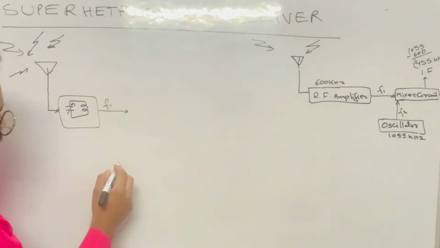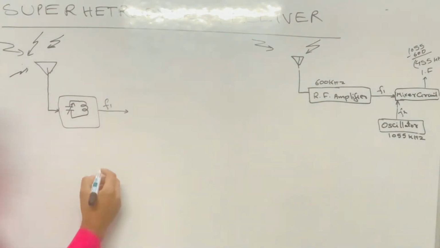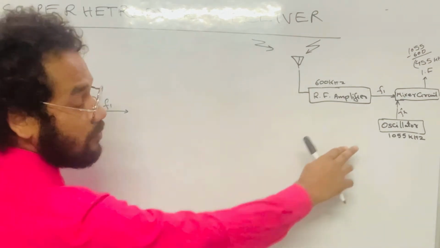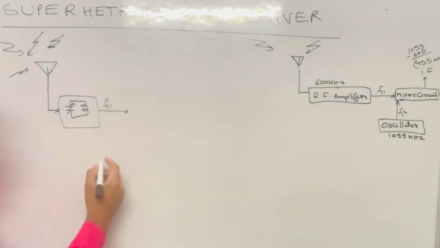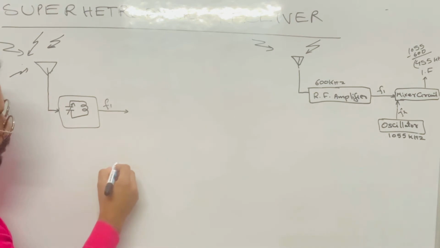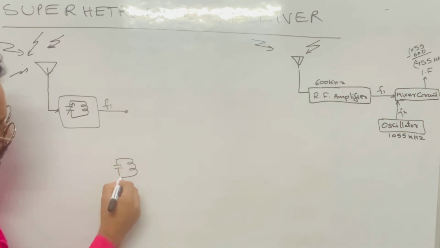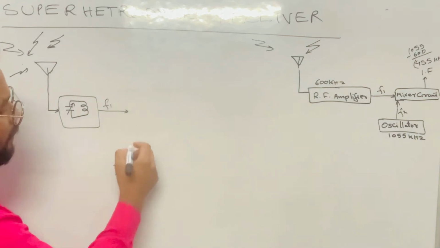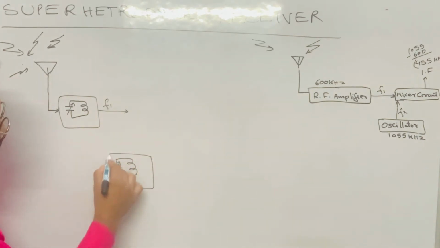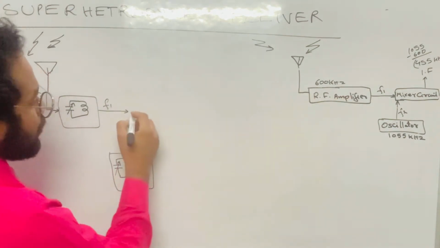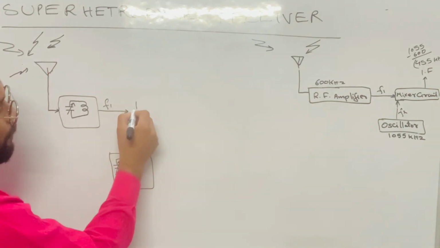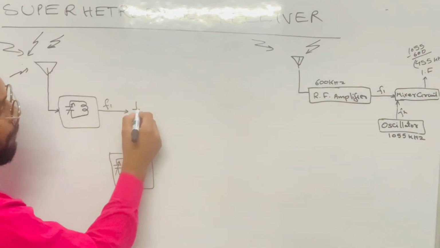Now this is one of the sources. The other source is the local oscillator, which I have told you is there within the superheterodyne receiver. That local oscillator is also a tuned parallel circuit. Here also we have a capacitor and inductor. And we also have the mixer unit, which is also a tuned parallel circuit.